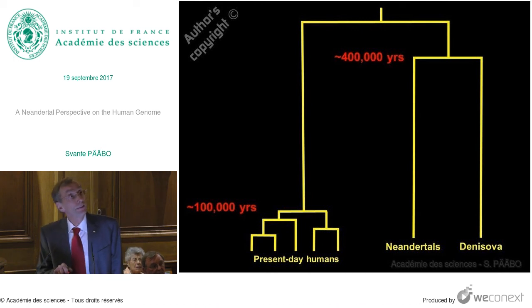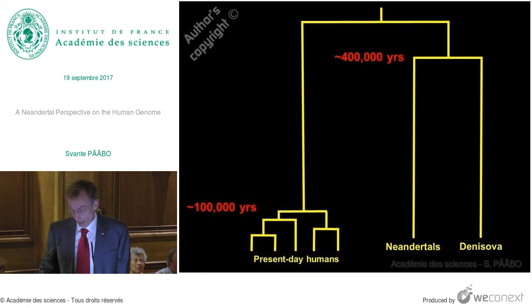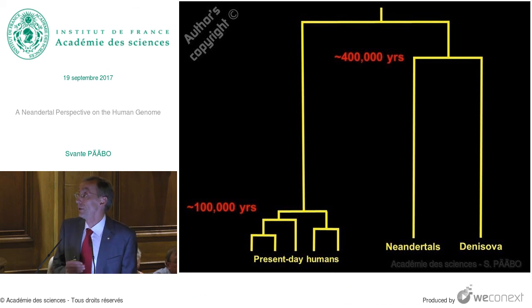So if we estimate today that the deepest split between populations today, which are between African populations, is about 100,000 years old, then the split between Neanderthals and the population this individual belonged to is about 4 times deeper, about 400,000 years back.